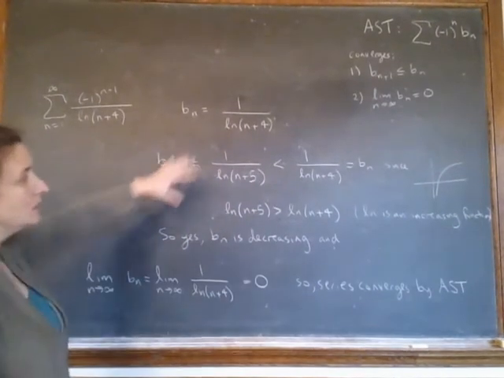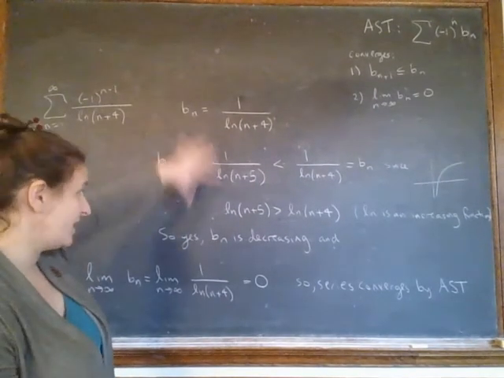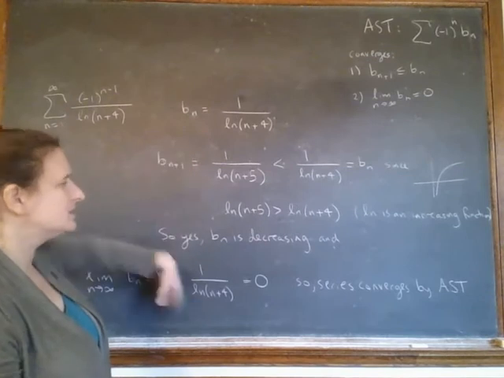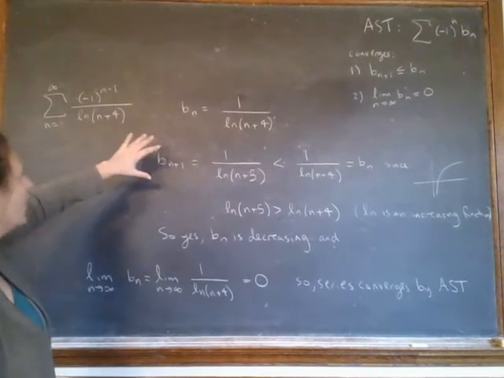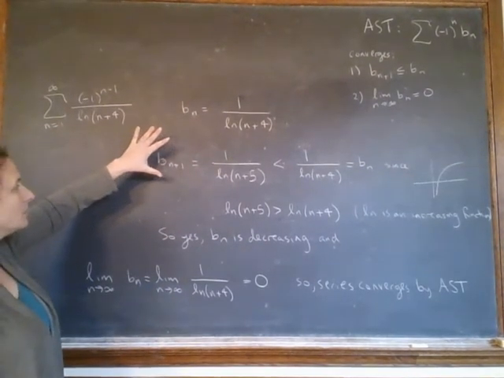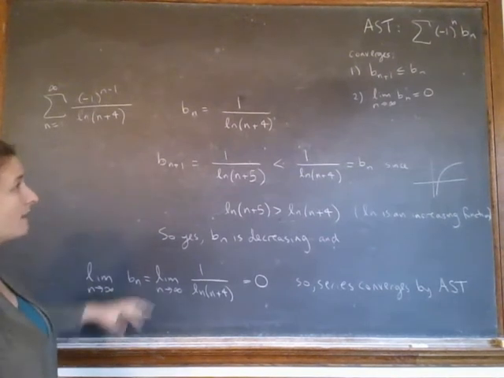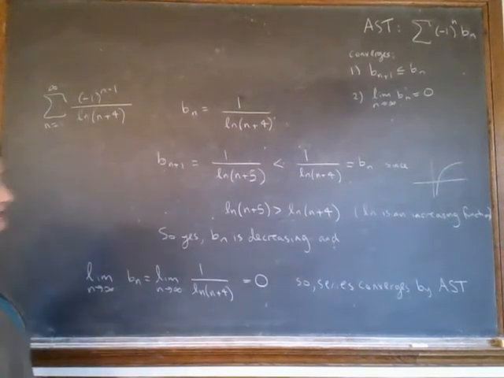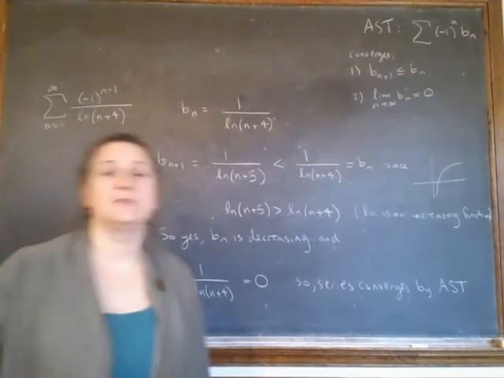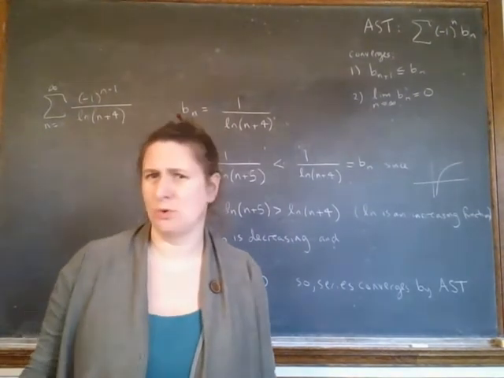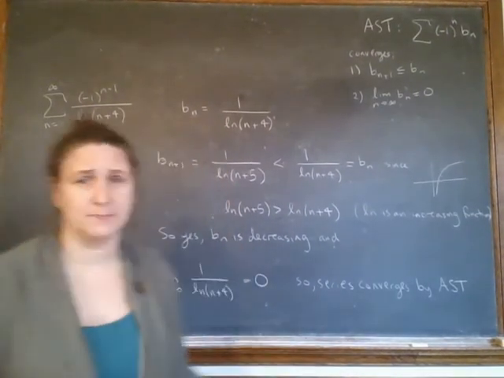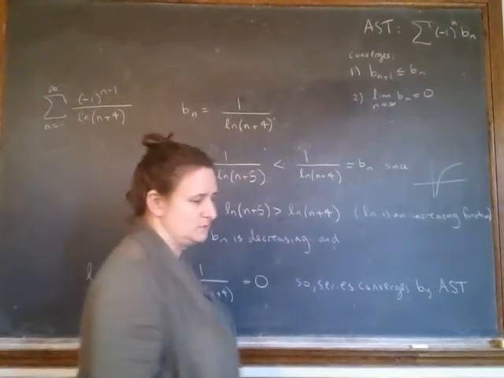That doesn't mean you don't have to check this, right? Unless it diverges, then you don't have to check it. But you should be expecting to always have to show that the b_n's are decreasing, and that can be the more difficult part of the test, because sometimes you have to do other things.